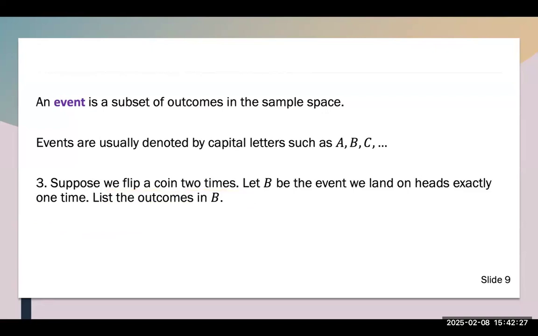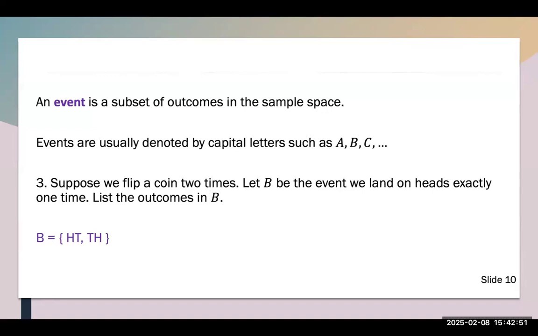All right, so we flipped a coin twice. Let B be the event we land on heads exactly 1 time. Let's see if we can list the outcomes in B. To land on heads exactly 1 time, we could land on heads the first time followed by a tails, or we could have landed on tails the first time followed by a heads.